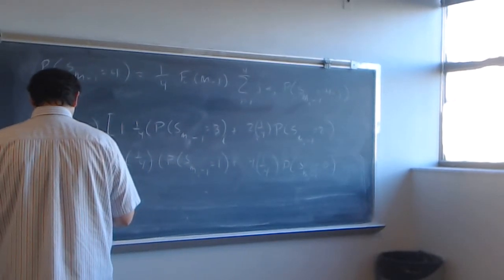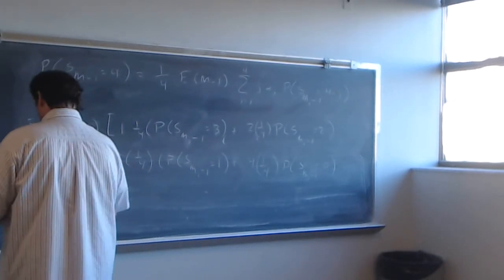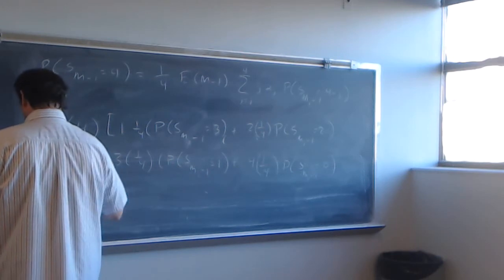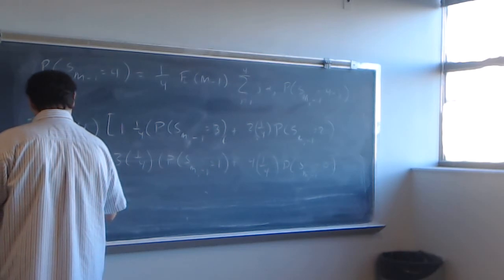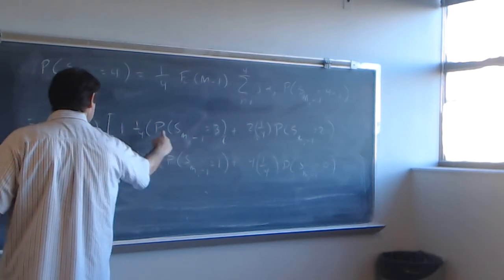And so here, this is just 1. So it's just this sum. And so what we get using this iterative process, we have 1 fourth, so that's this 1 fourth.